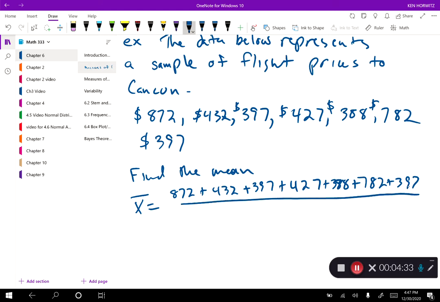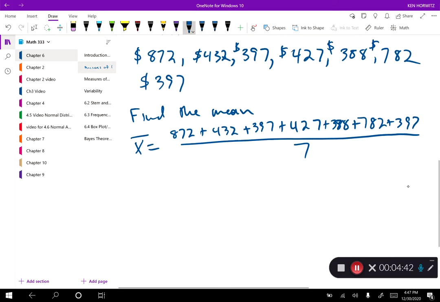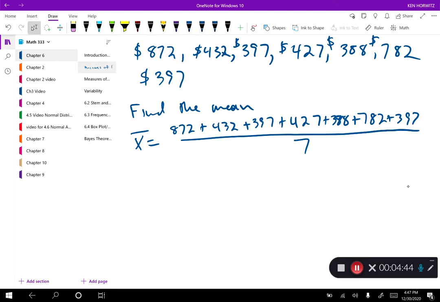And we're going to divide that whole thing by 7, because that is the number of prices in our sample. So why don't you take a moment, pause the video, do the calculation, and we'll talk about the answer on the back end.